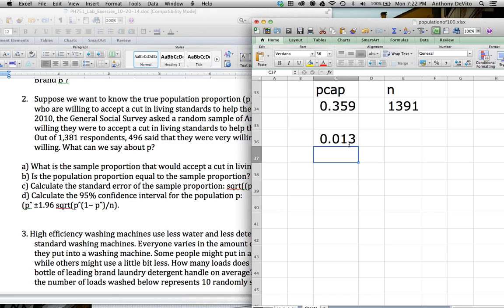So when we want to look at 95% of the possible outcomes around what we think is the middle of this range, we need to look at 2 standard deviations below our proportion and 2 standard deviations above. So how am I going to do that? I'm going to say 0.359 plus 2 times this value. I'm going to put that in parentheses.